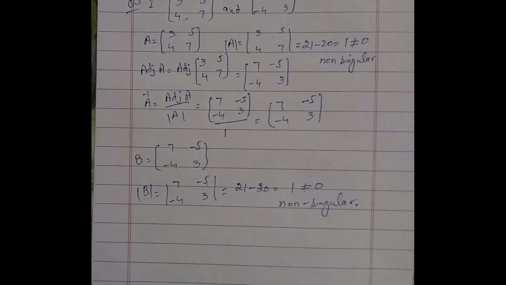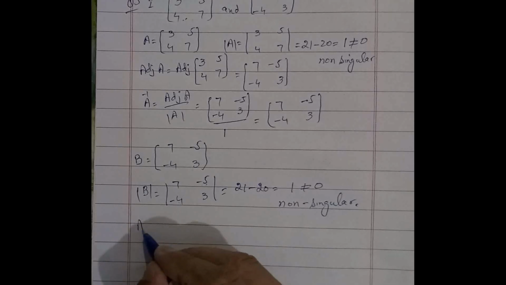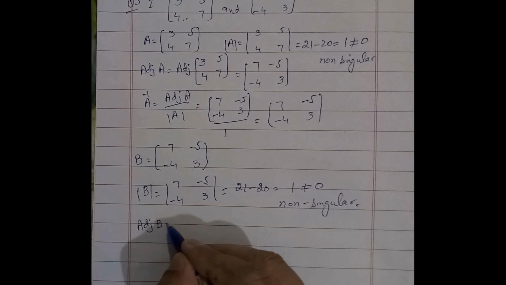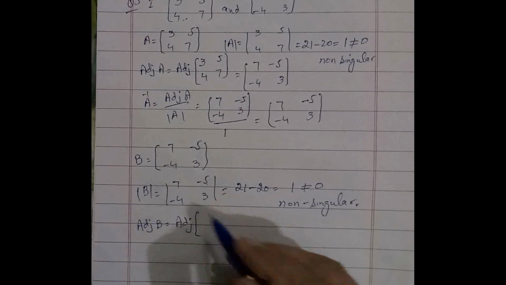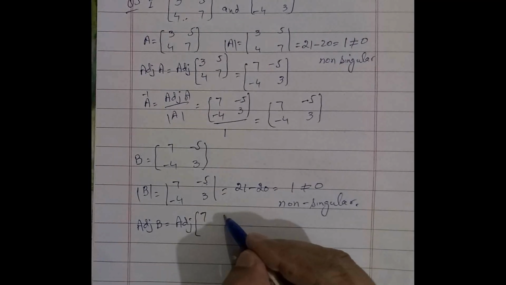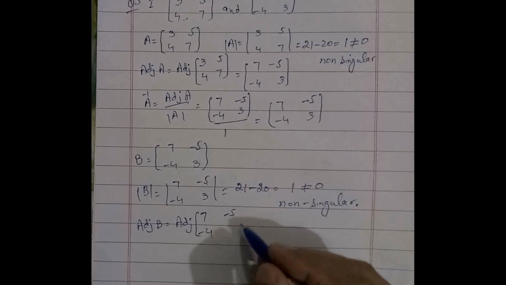And we find the adjoint of B. B is 7, minus 5, minus 4, 3.